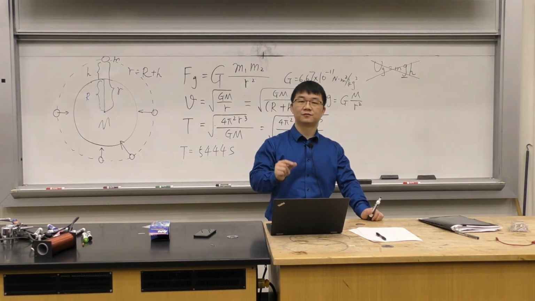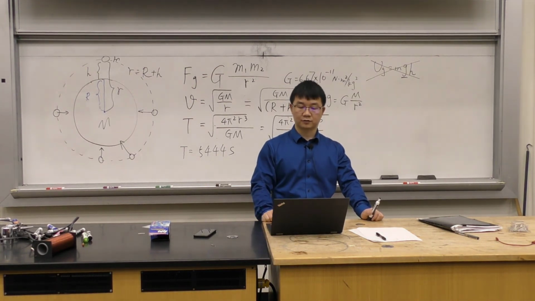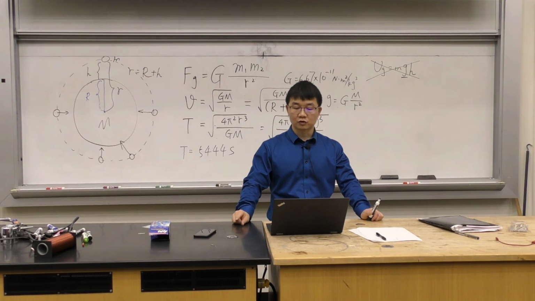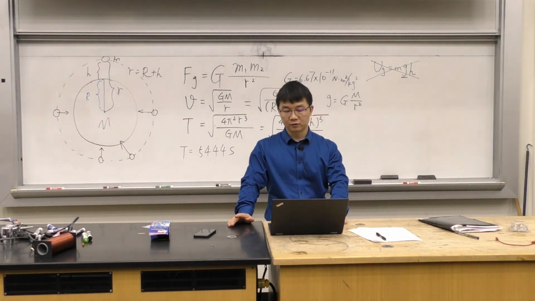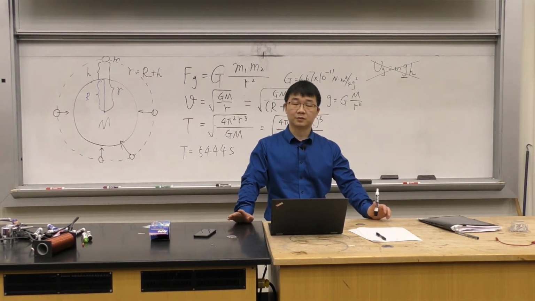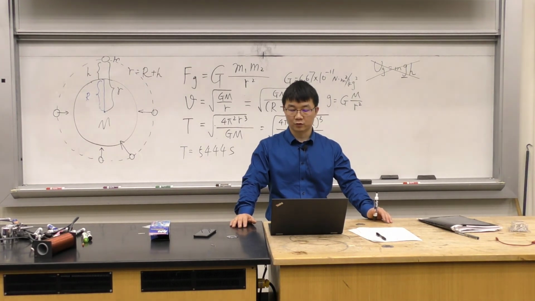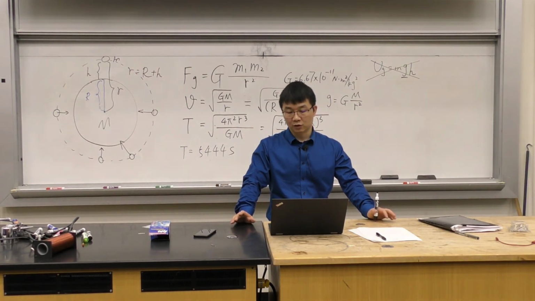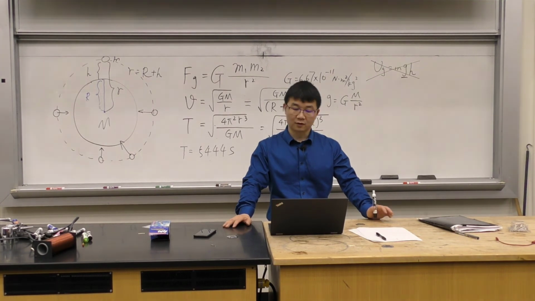That's the fundamental theory in physics. For any force, if it's conservative, as we learned earlier, you can always define a potential energy associated with this force. Gravity is a conservative force. That's why we can define a potential energy.